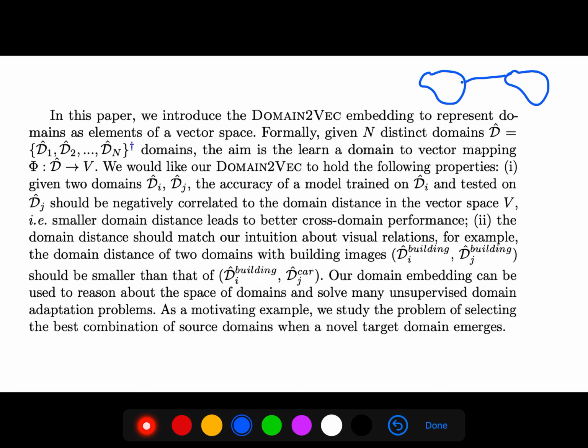The good thing about this is that if you map it to a vector space, then you can find a combination of your source domains for a new, novel target domain. An unknown one. It could also be used for domain generalization, because there we don't have access to the target domain.